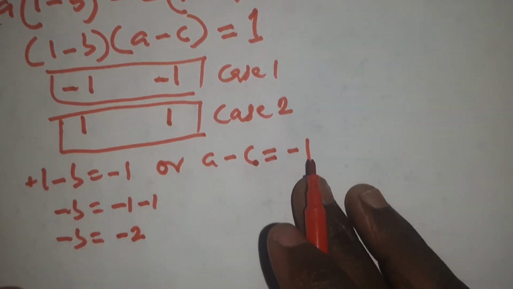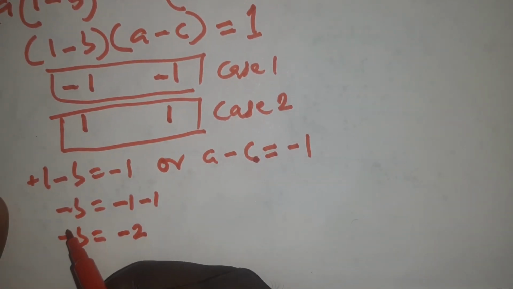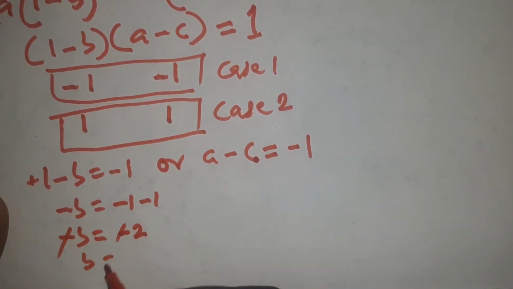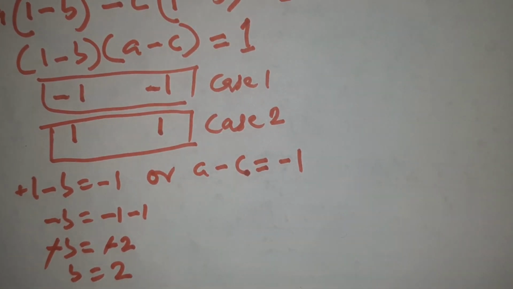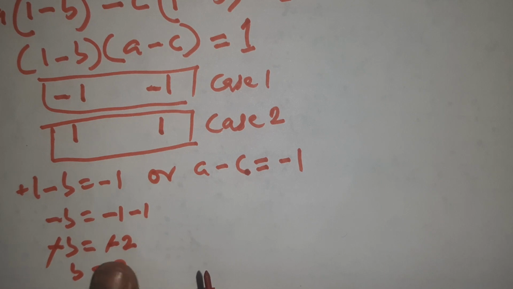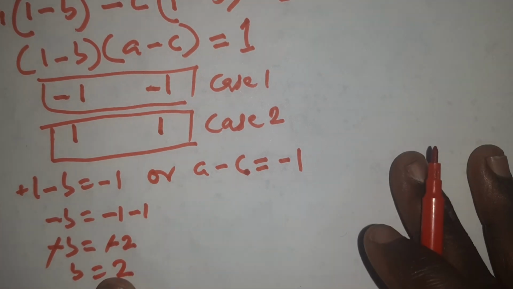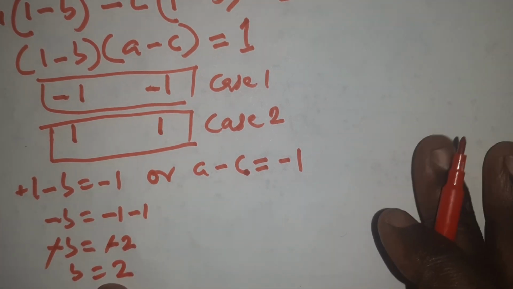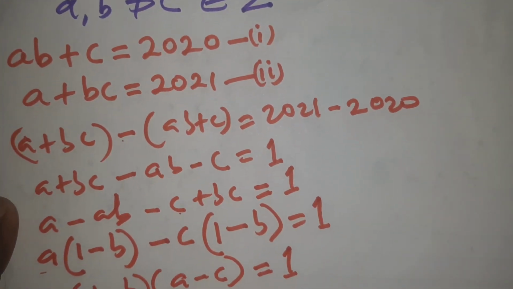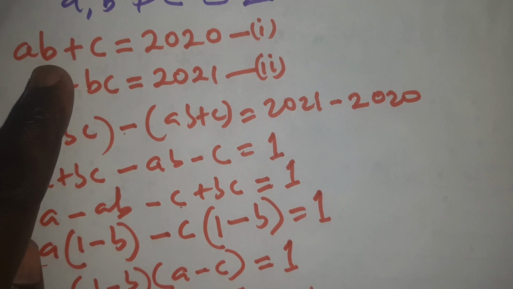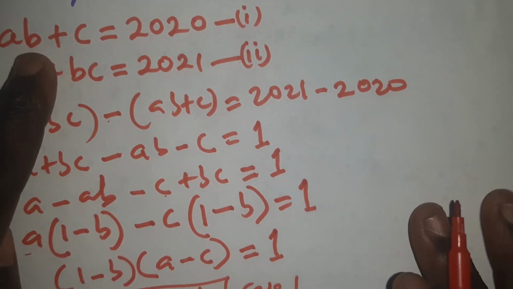Dividing through by minus 1, you now have B equals 2. Then A minus C equals minus 1. But we have B now as 2, so we can substitute the value of B into equation 1.